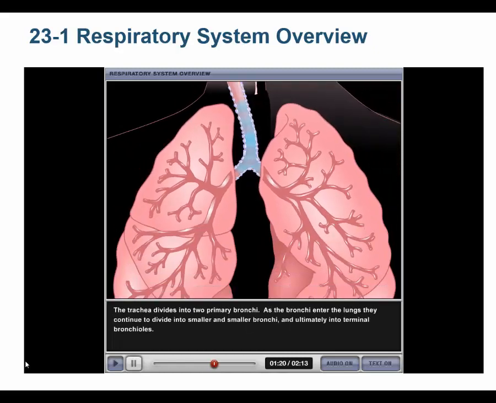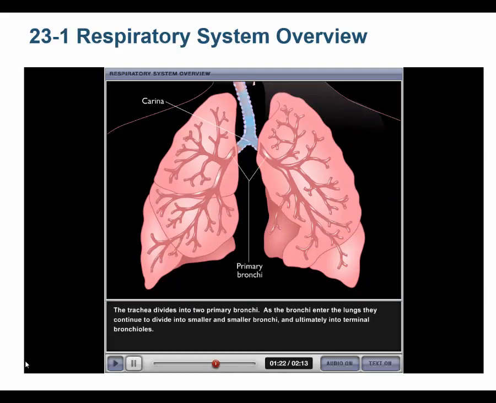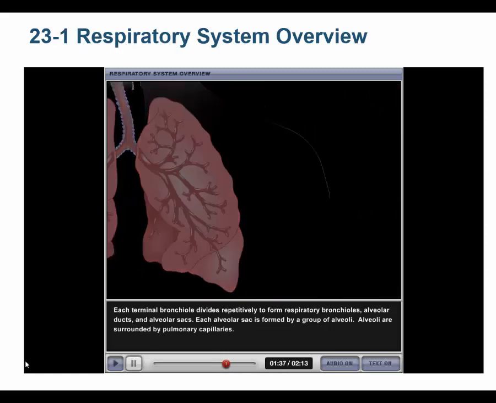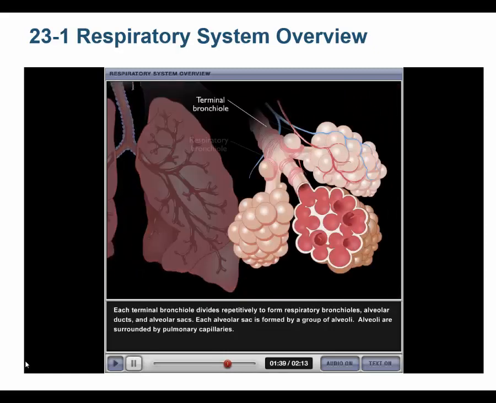The trachea divides into 2 primary bronchi. As the bronchi enter the lungs, they continue to divide into smaller and smaller bronchi and ultimately into terminal bronchioles. Each terminal bronchiole divides repetitively to form respiratory bronchioles, alveolar ducts, and alveolar sacs.